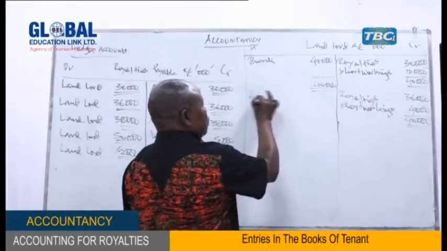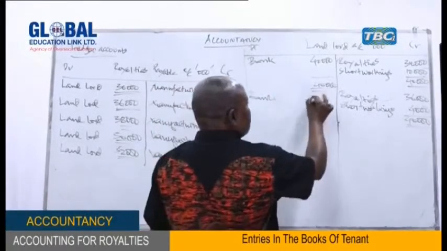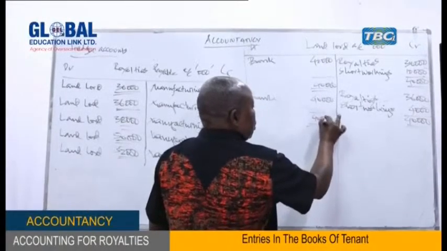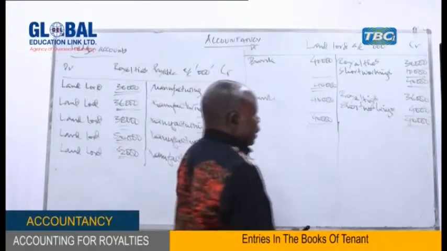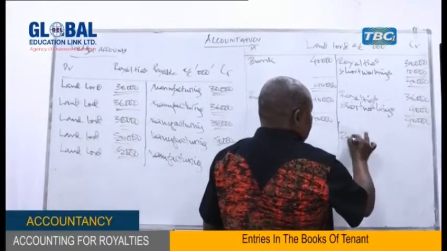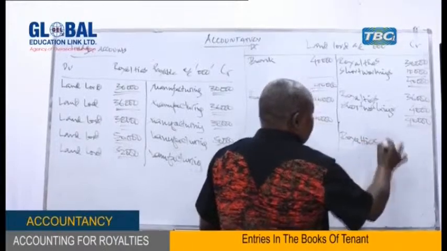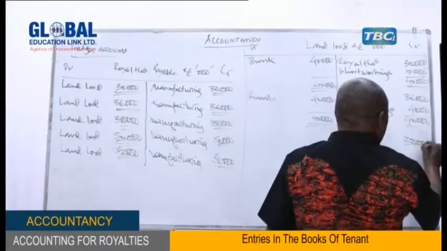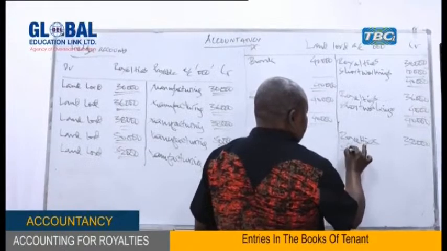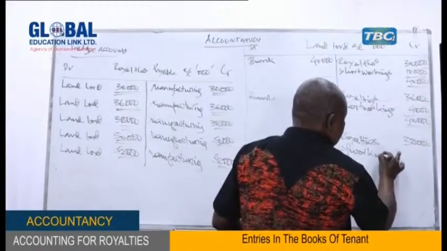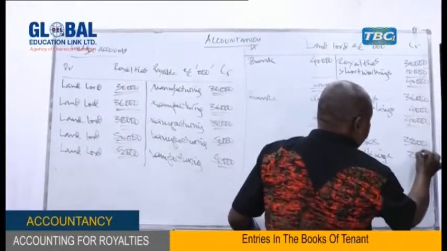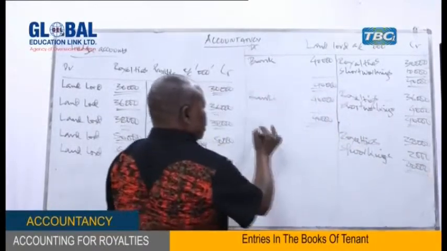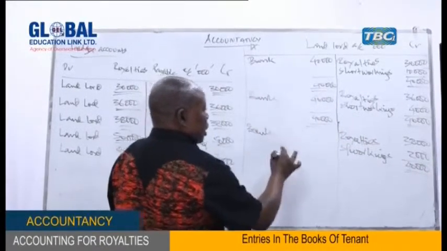So amount which we pay is 40. 2017 royalties were 38. Then short workings 2, total 40. Then bank 40.